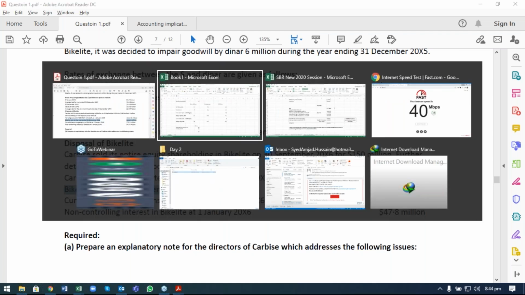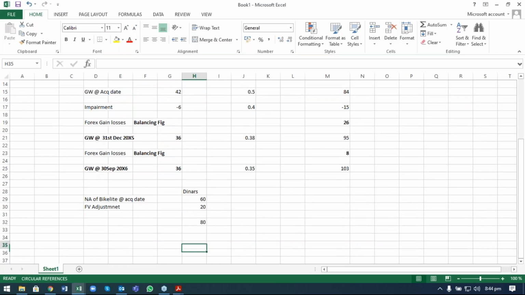So I'm just mentioning it here. Net assets in dinars, that's something you have calculated on acquisition date. But as this specific requirement was not given, once you're creating your answer, you might be making this calculation.